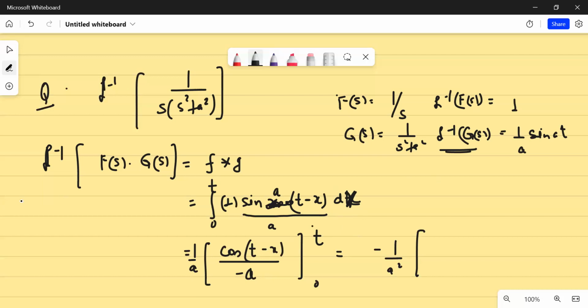If you remember, f star g was the integration from 0 to t of f of x into g of (t minus x) dx. This is how I used to write.